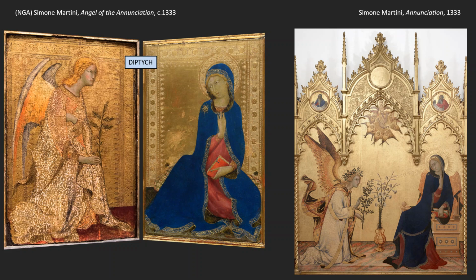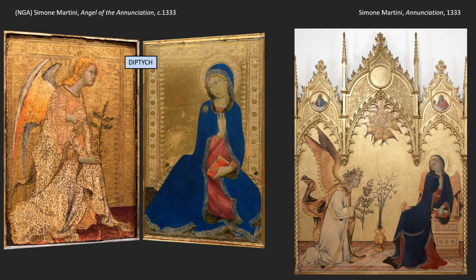So our work was originally a hinged work of art meant for private devotion, but obviously very similar to the angel and the Virgin Mary in the altarpiece. We're not sure of the date on this. It could be based on that for someone from Siena who wanted a take-home version of the altar, for use at home.